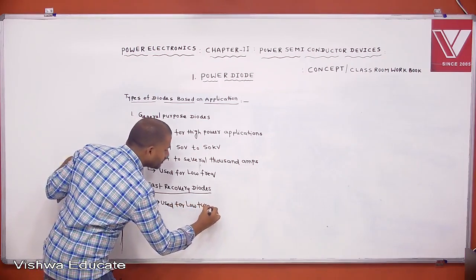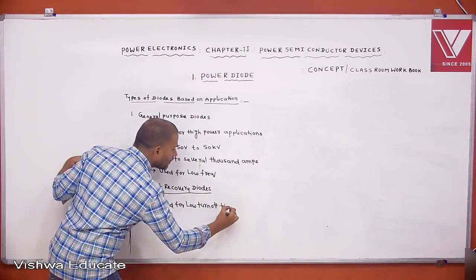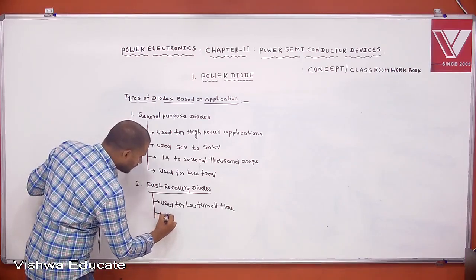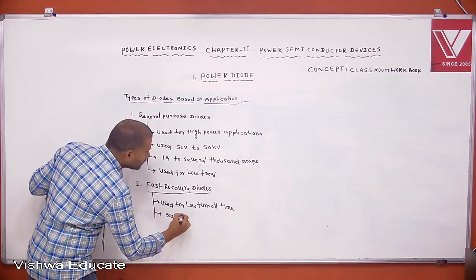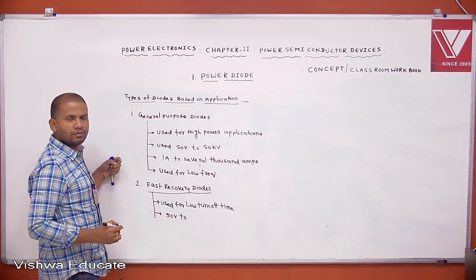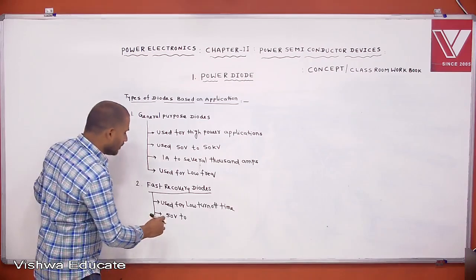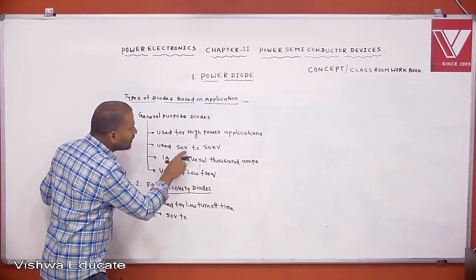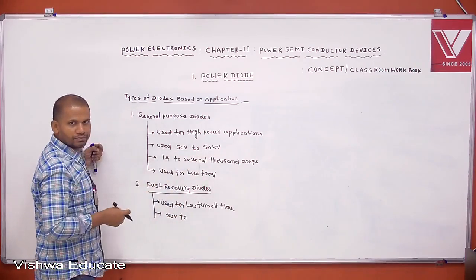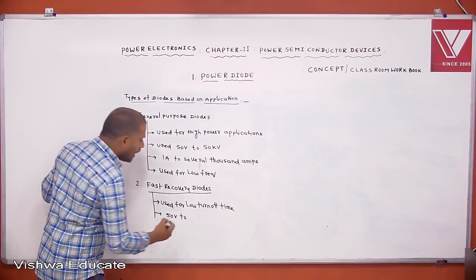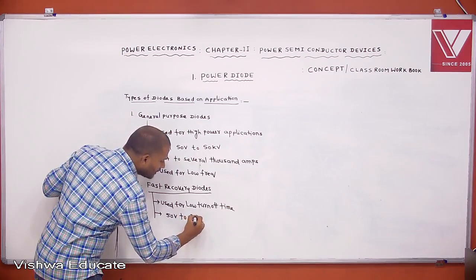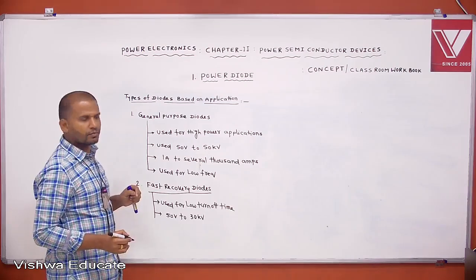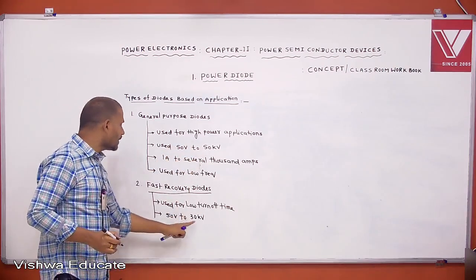They are used for a voltage range of 50 volts up to 50 kV, though they are preferably used up to 30 kV.